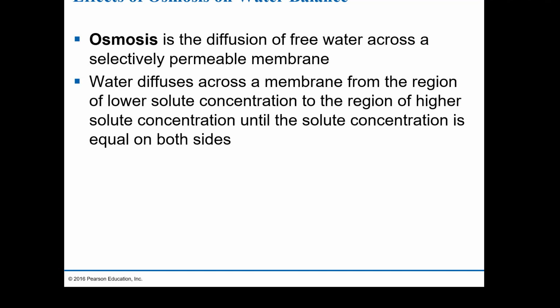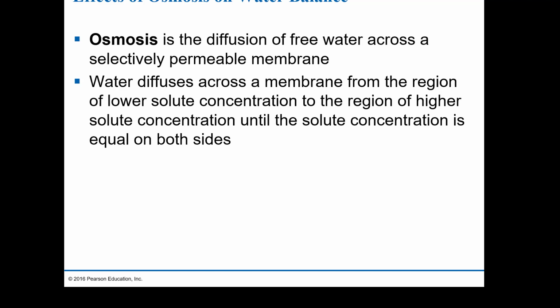Osmosis is the diffusion of water across a selectively permeable membrane. Diffusion is just the movement of molecules, but osmosis is specifically for water. Back in the day, I remember there was always an image of Garfield laying down with books on his head, and it said learning through osmosis.